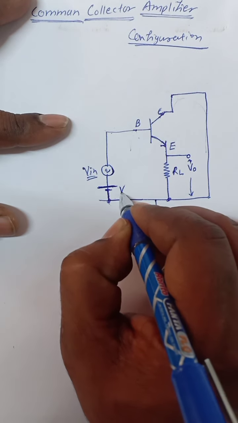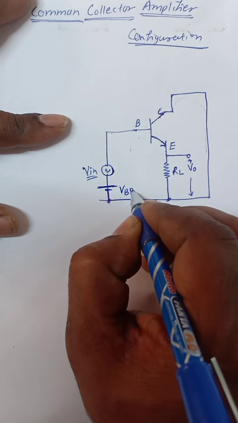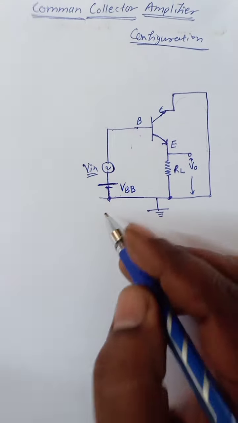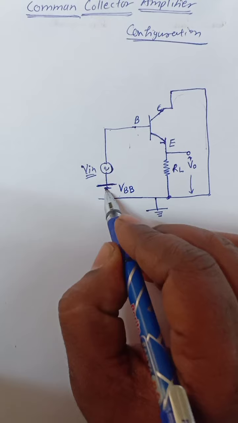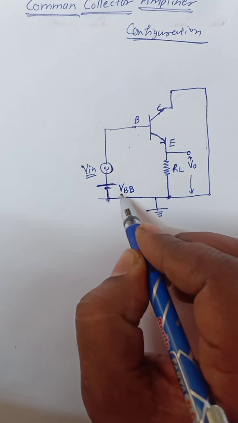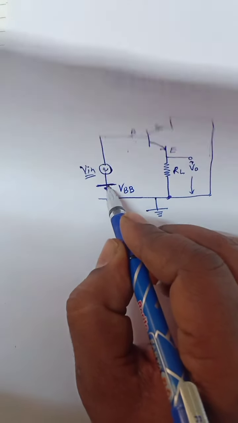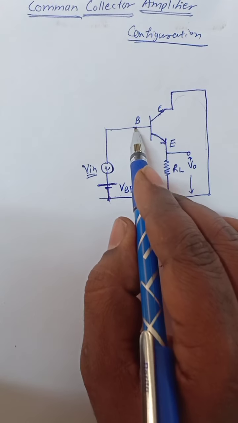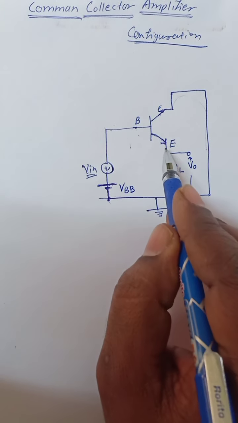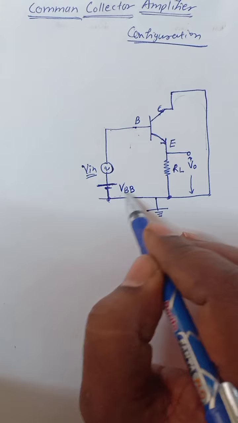We name this source VBB. This is a name given to this voltage source to distinguish it. So it forward biases the base to emitter junction.